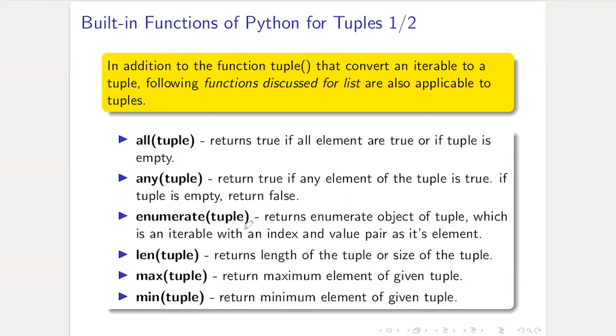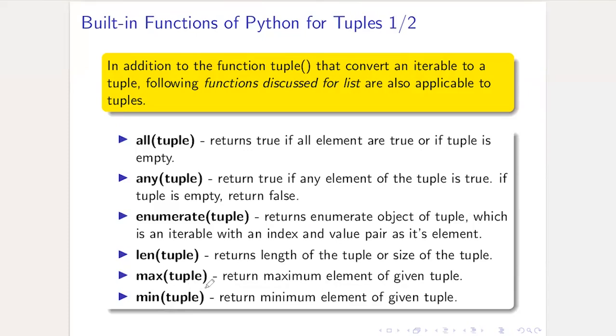When you enumerate, it will say the 0th element is the first one, the first element is the next one, like that. So you can get a list with the index-value pair, where index is the position in the particular tuple. Similar to that, length will give the number of elements in the tuple.